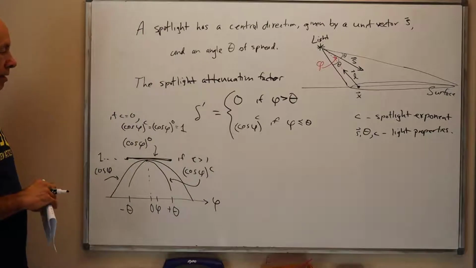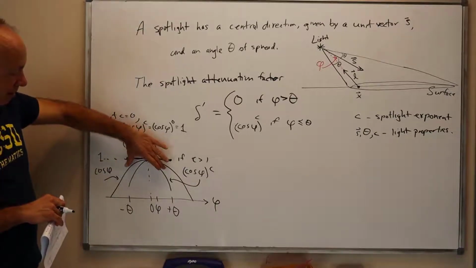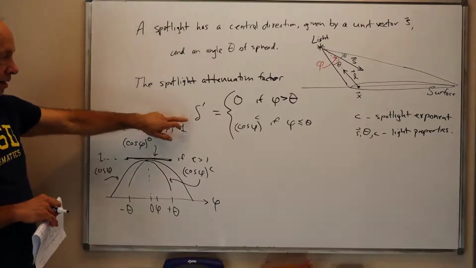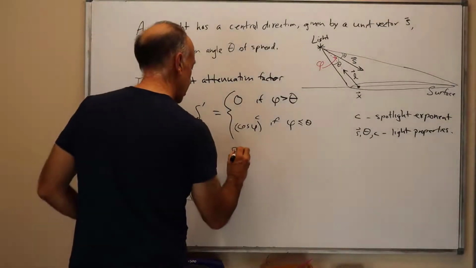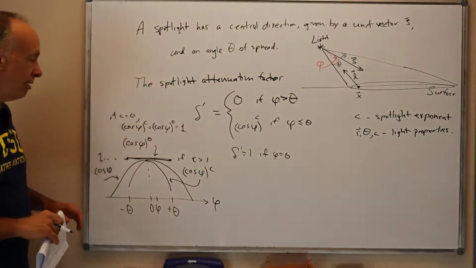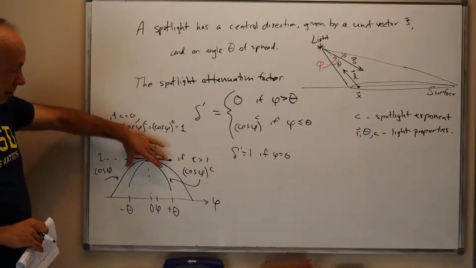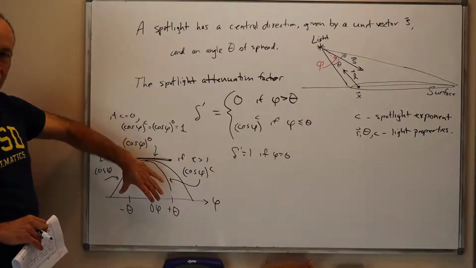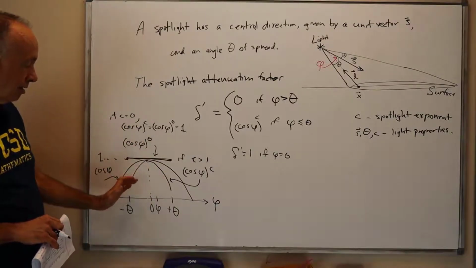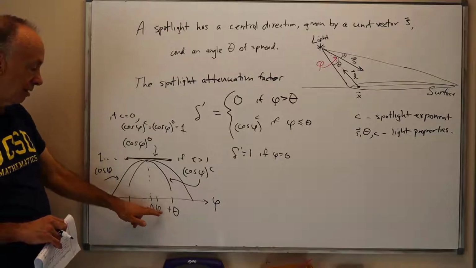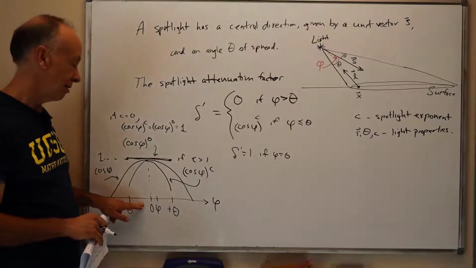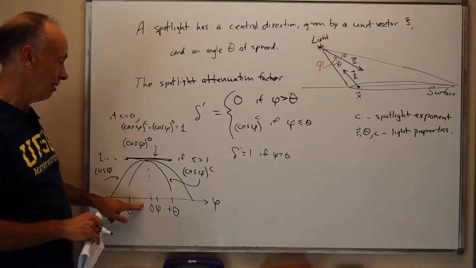If C is bigger than 1, what this is saying is that when phi is at 0, the factor delta prime is 1. So delta prime equals 1 if phi equals 0. With C greater than 1, the curve looks something like this. So the light drops off more rapidly from the central axis as C gets bigger. As phi gets bigger in absolute value, the spotlight factor drops off rapidly if C is big.